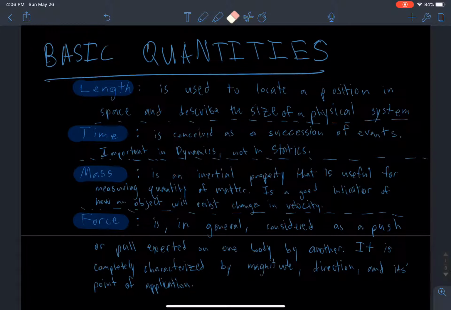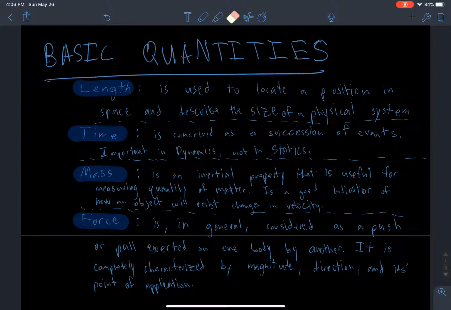And time is conceived as a succession of events. Time isn't useful in statics, I'm going to be honest. It's useful in dynamics. It's one of the most important unit types for dynamics, but in statics, everything is independent of time, and it's not going to change as time goes on.